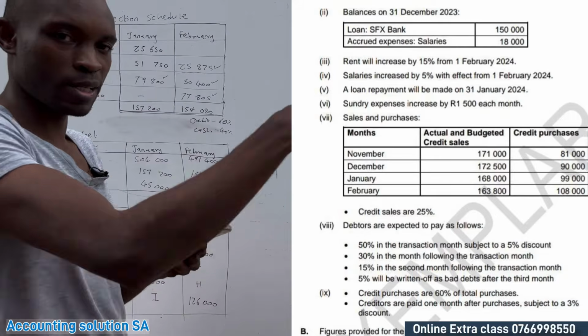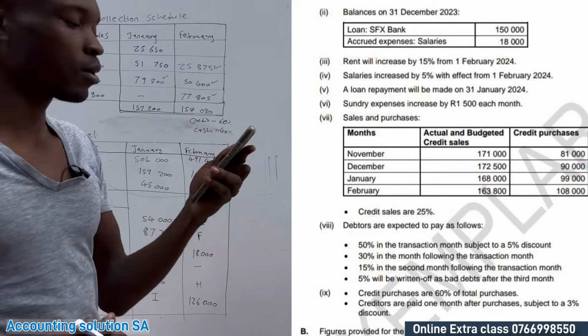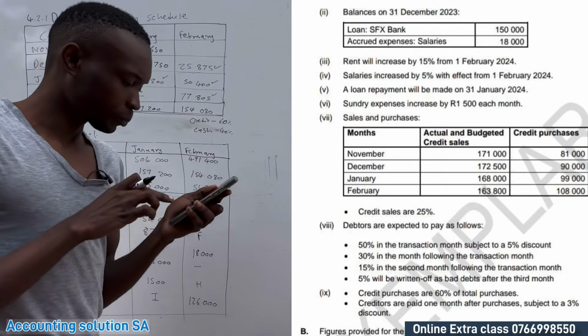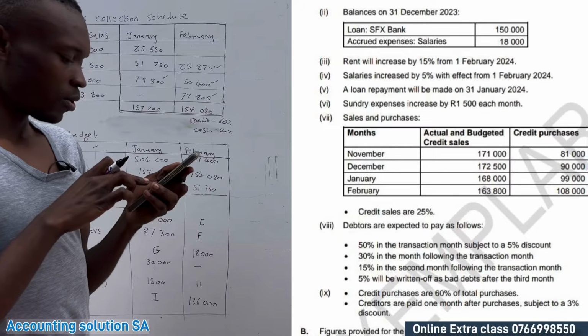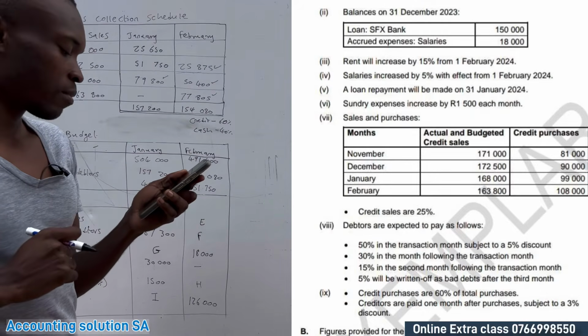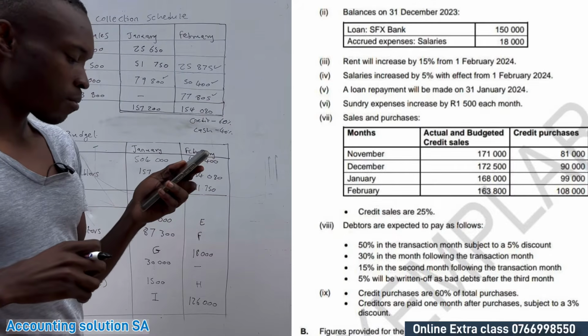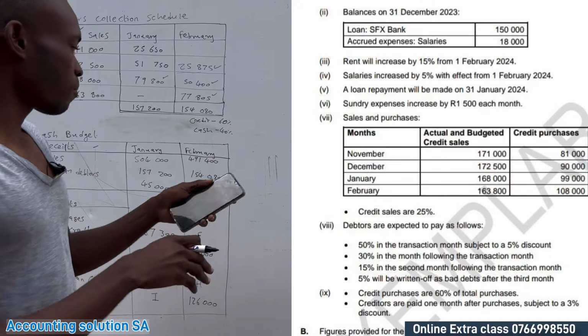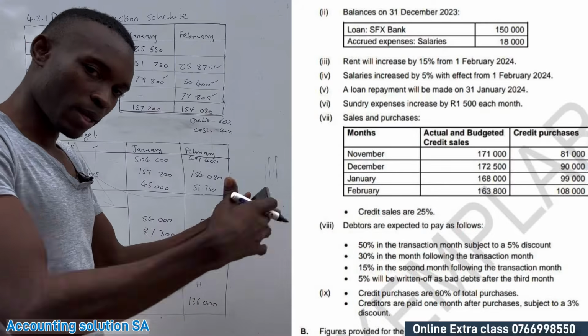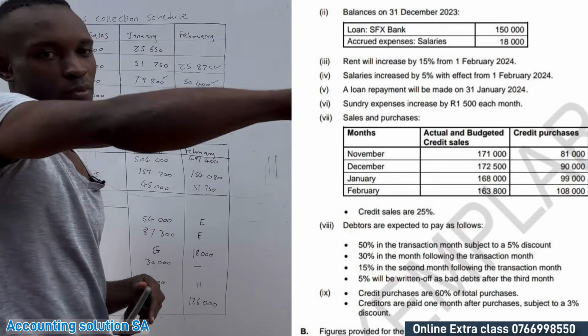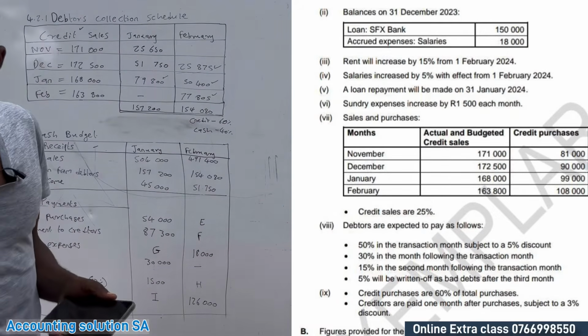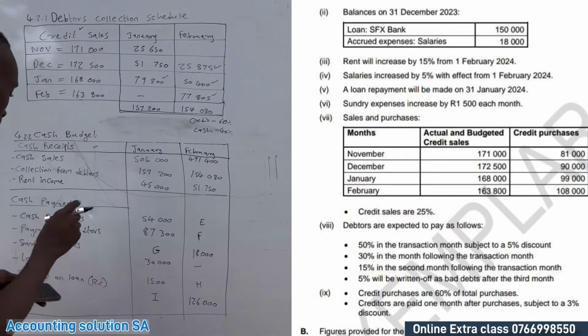It's us purchasing, not us selling. Now they also give us bullet number 2, which says creditors are paid 1 month after purchase. If we purchase in January, we're going to pay them after 1 month, which is February. Okay, let's start with cash purchases.